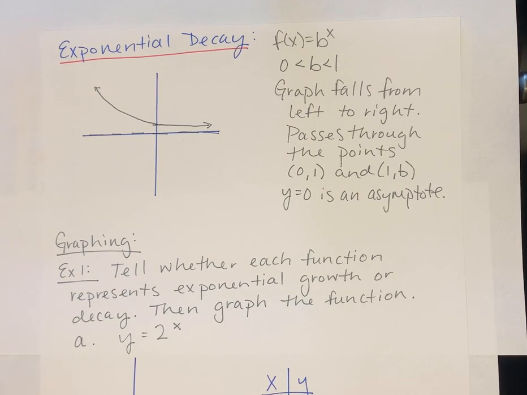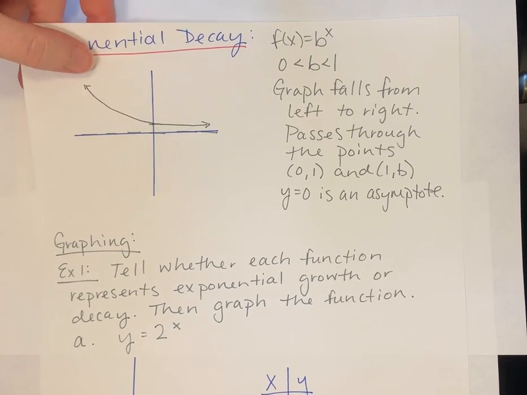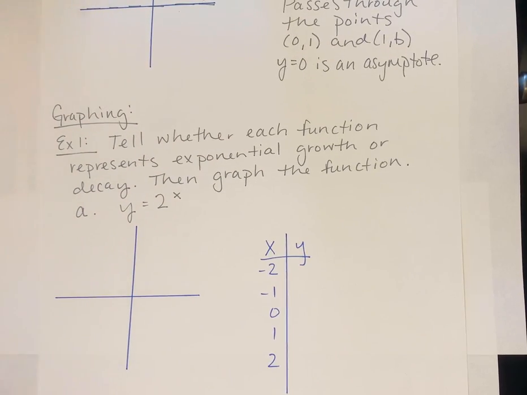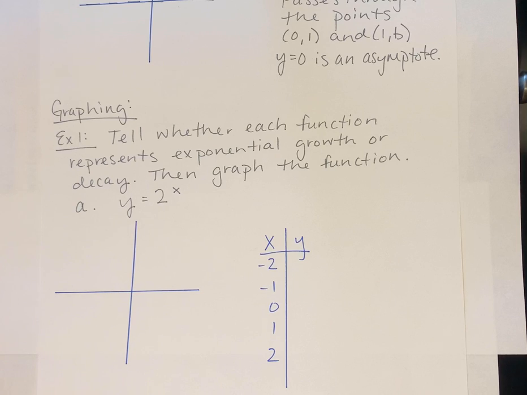Okay, so some of the problems you're going to be doing will involve graphing. So first of all, for example 1, you want to tell whether each function represents exponential growth or decay, and then graph the function. To see if it represents growth or decay, we're going to look at our b value.